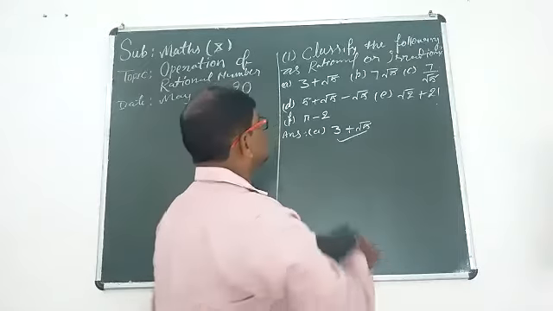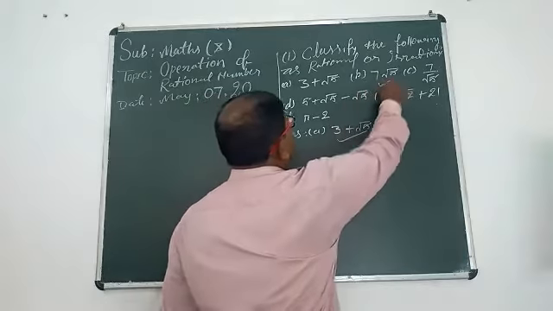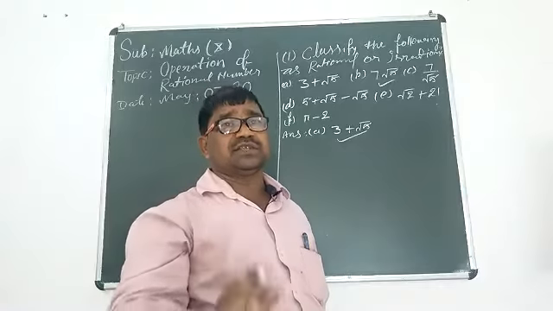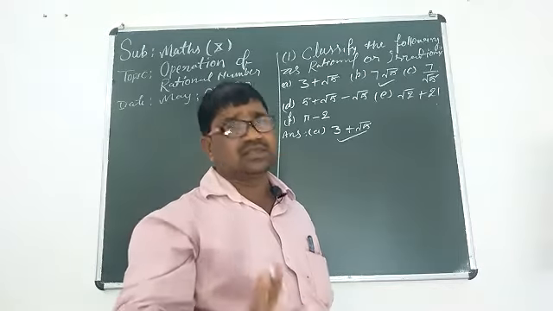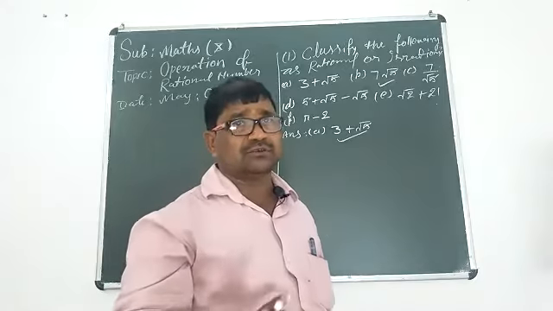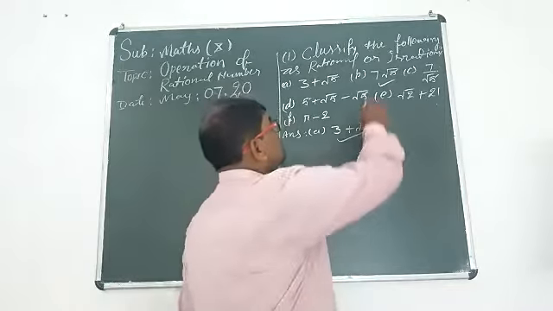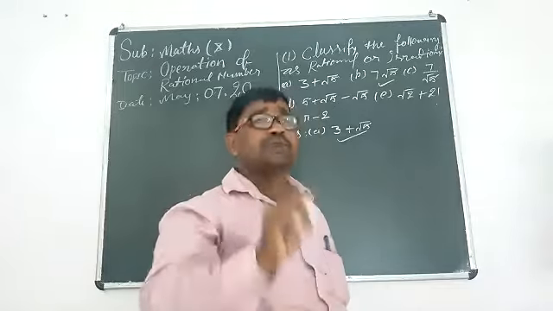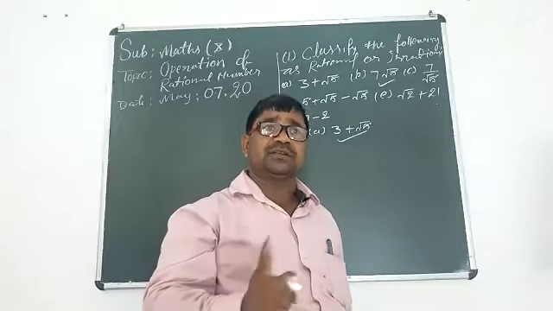Now second, 7 under root 5. It means 7 is an integer, under root 5 is not an integer. This is the product of 7 and under root 5, that means 7 multiplied by under root 5.